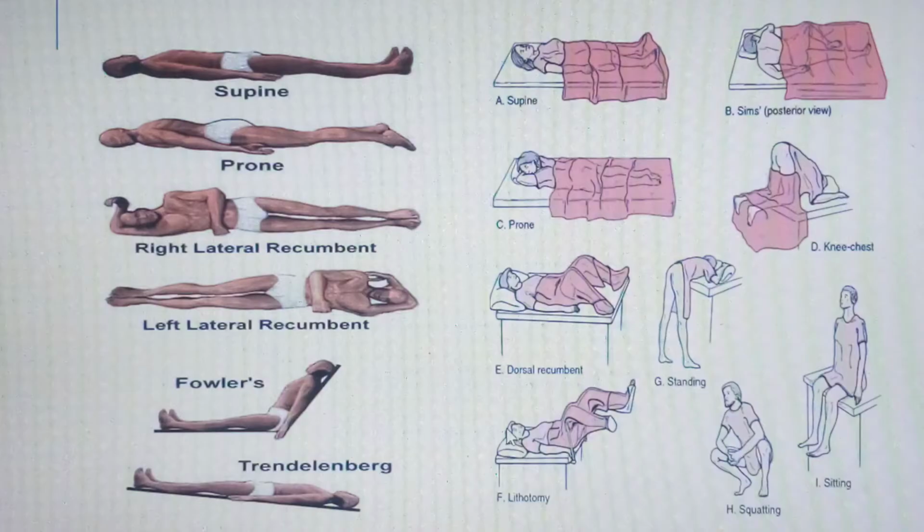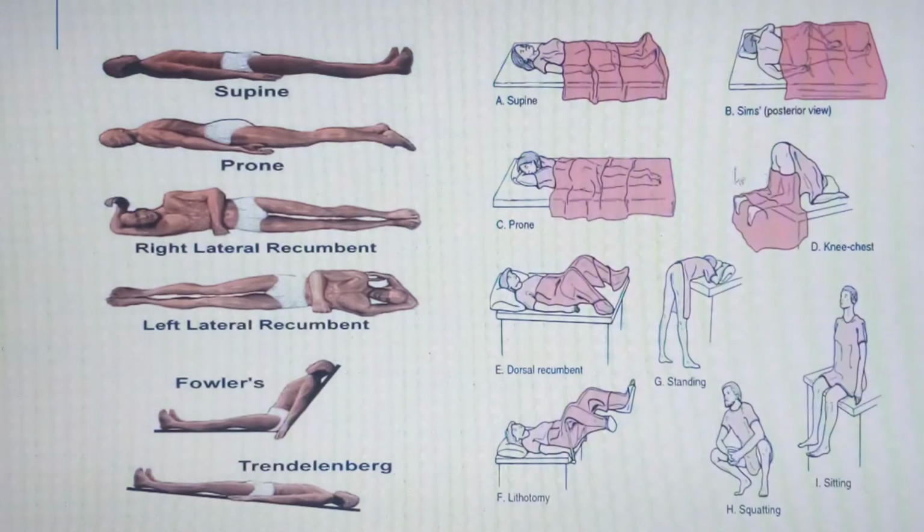In lithotomy, the patient lies on the back with the knees flexed. You have to flex the knees, and sometimes you can pat the foot, and the feet are raised. That is lithotomy position, very important during child delivery.